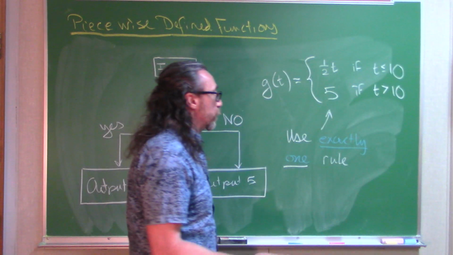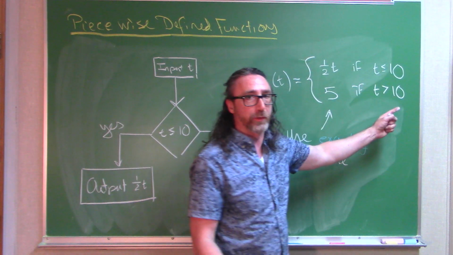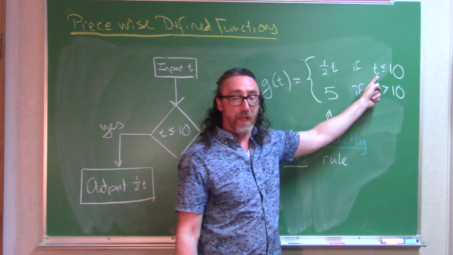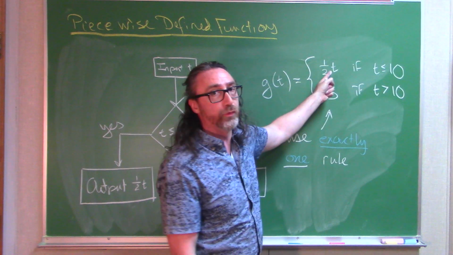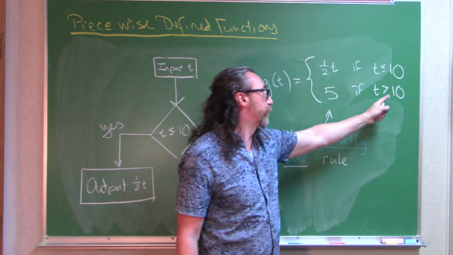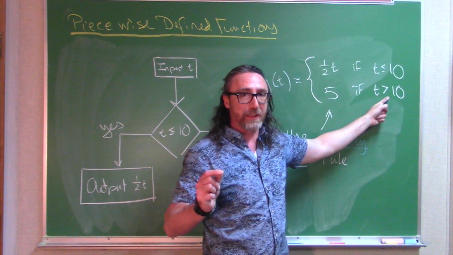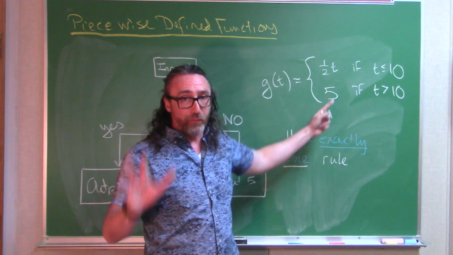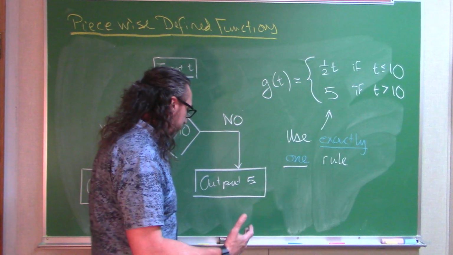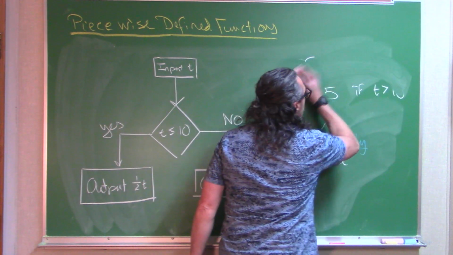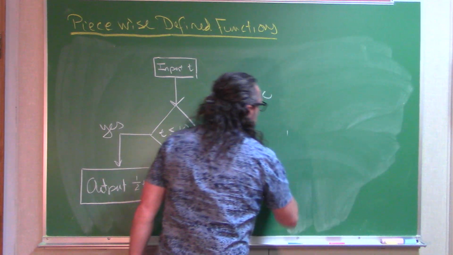How do you determine which one to use? Well, you look at your conditions. If your input meets the condition on the first line, then you use this rule, which says you take 1/2 times the input. If your input meets the condition on the second line, use that rule, which says the output is 5. Okay? Let me give you a second example of a piecewise defined function.